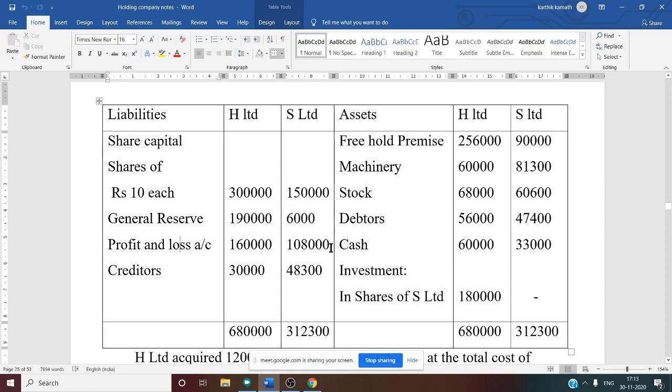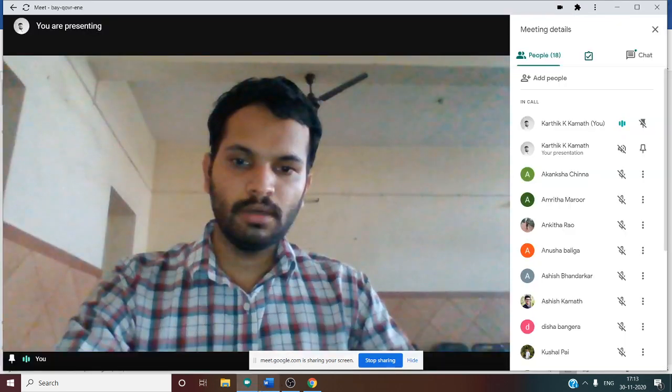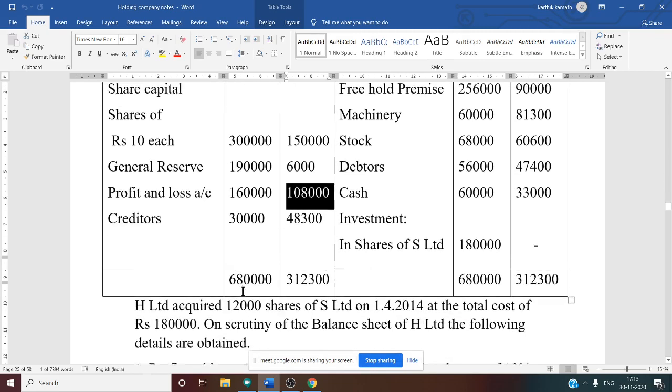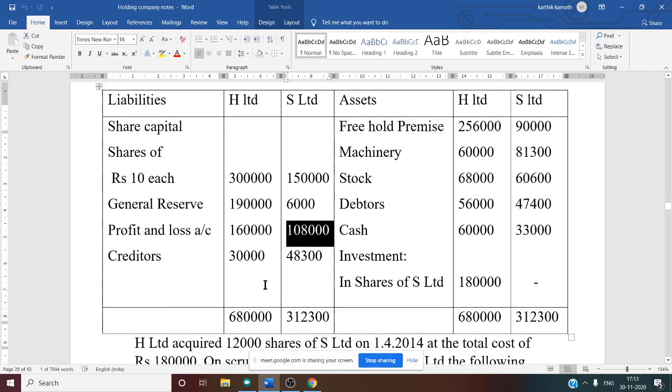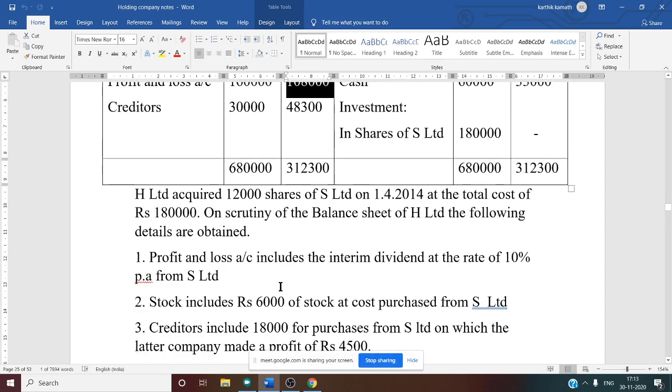Similarly, the profit and loss account of both companies is given, but we want only the subsidiary company's profit and loss account. Then creditors of both companies are given. The balance sheet total is 6,80,000 and 3,12,300.